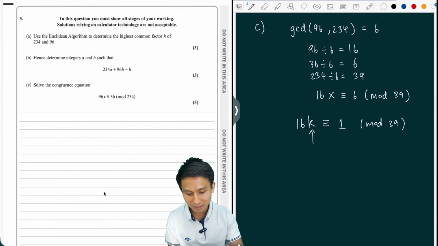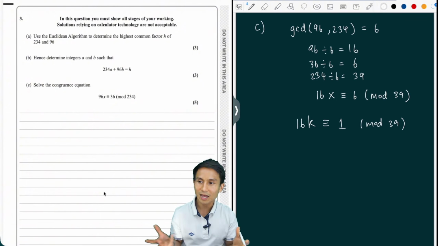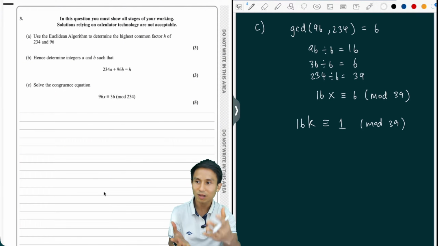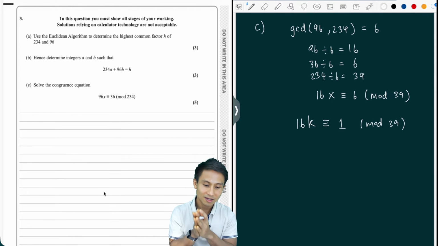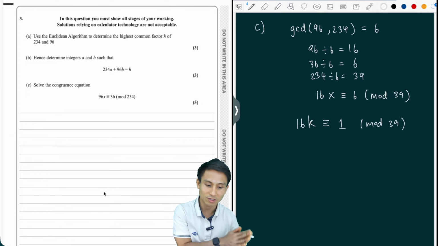Yeah, we are finding this guy k, so that when we multiply 16 by it, the whole thing becomes equivalent to 1 modulo 39.